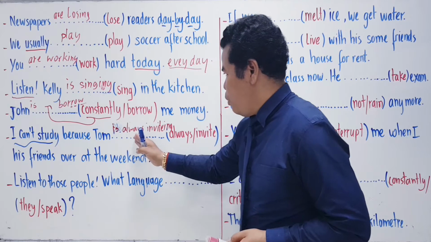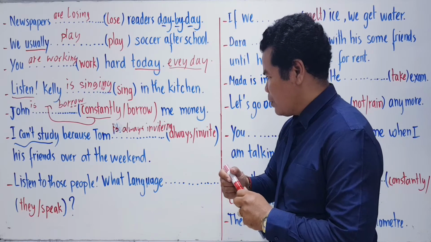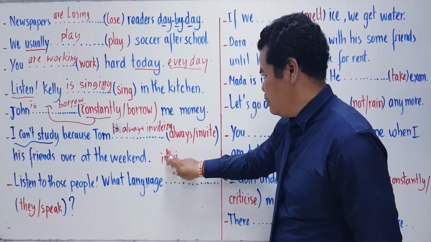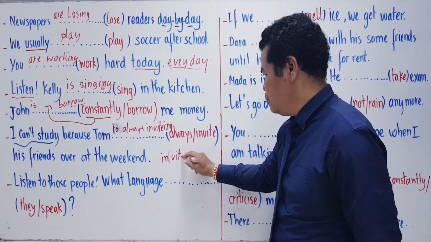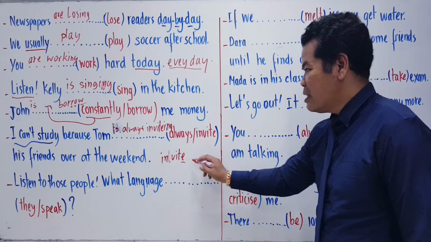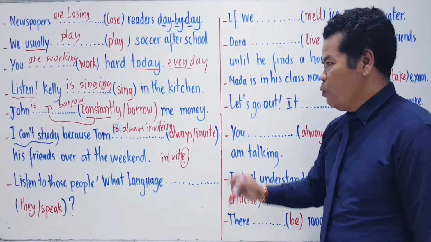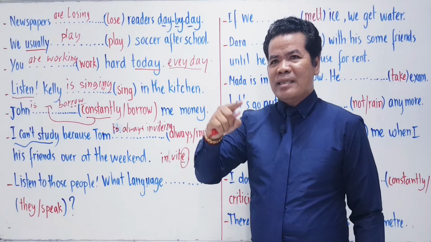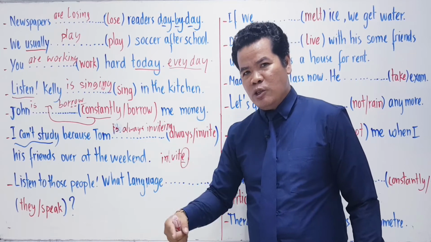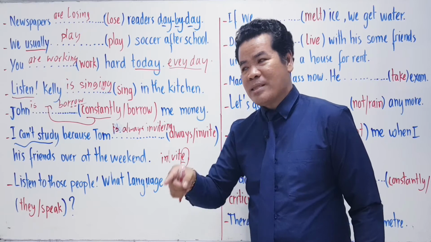Tom is always invite. Look at the verb invite. What is at the end of the verb? It's a single E. Verbs ending in a single E, only one E, before adding ing to the verb, we have to drop the E and add ing.